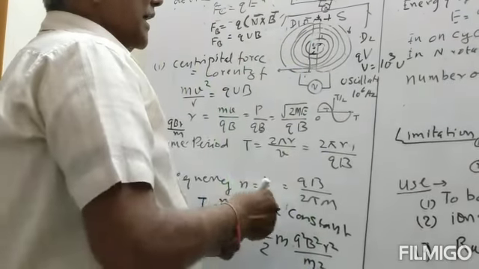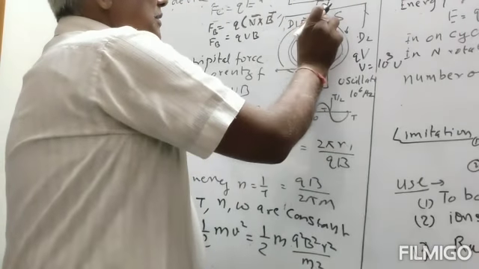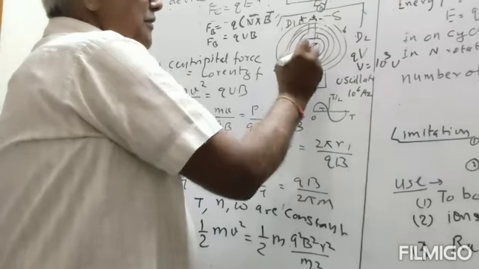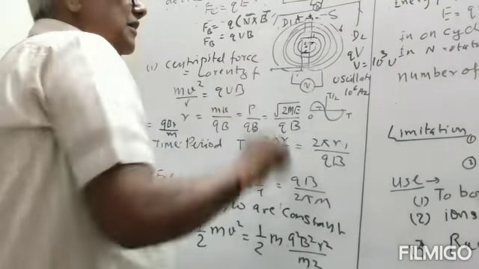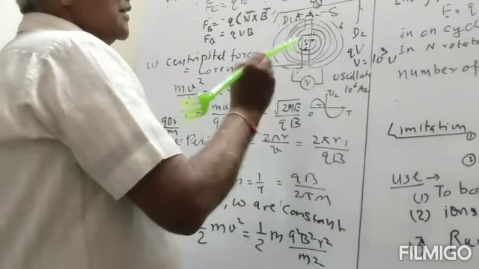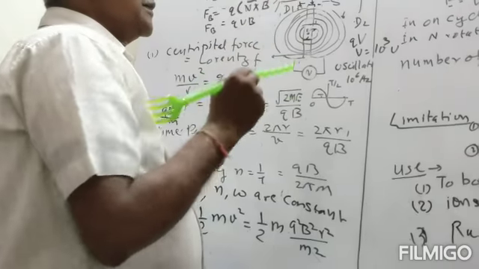Now again when it enters here, the field changes again. It becomes negative and this becomes positive, so it is accelerated. So each time the charge reaches the gap between the Ds, the electric field changes and the charge is continuously accelerated.